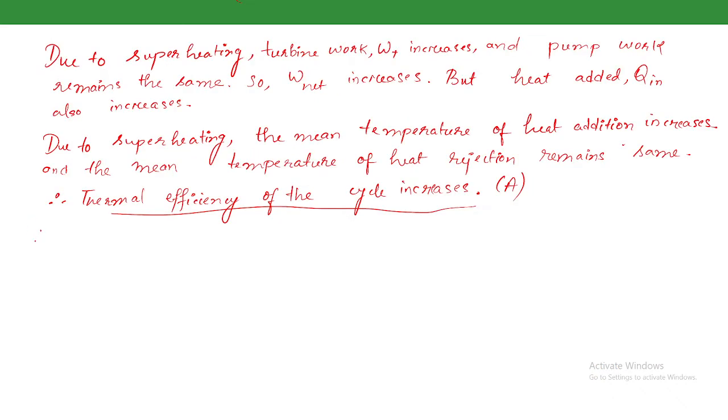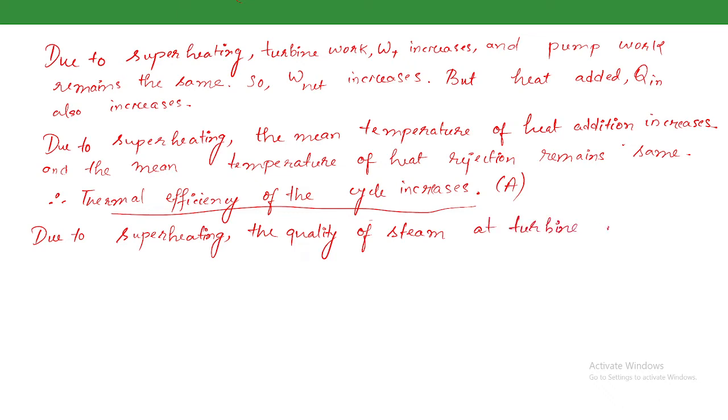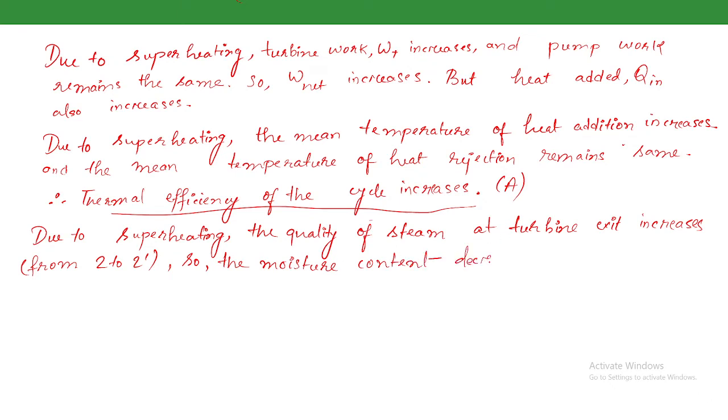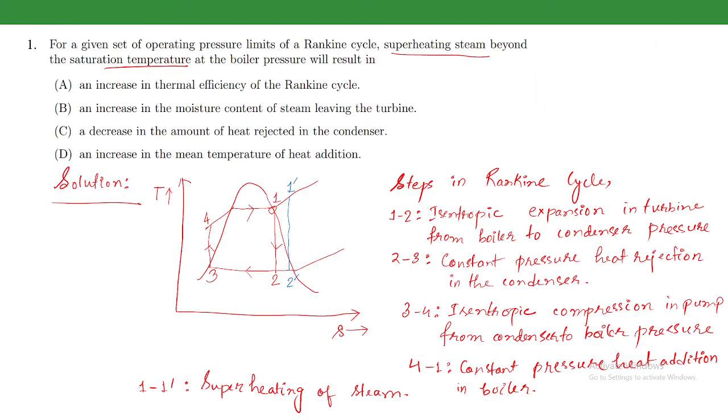So due to superheating the quality of steam at turbine exit increases from 2 to 2 dash, so the moisture content decreases. So option B is not correct.